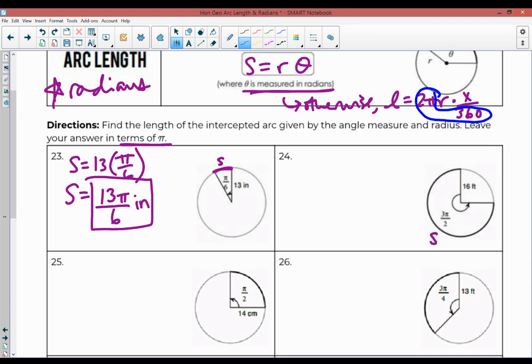Okay, now here, S equals R, the radius, is 16 times theta, 3 pi over 2. So I can reduce that. 8 times 3, 24. 24 pi feet.